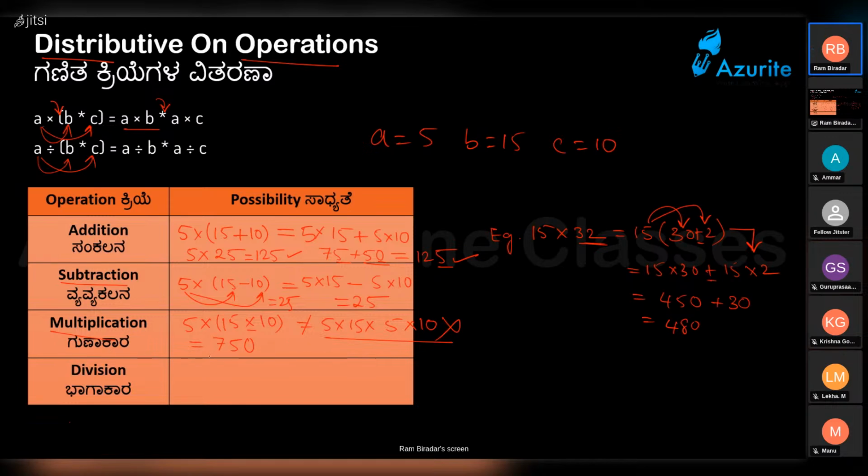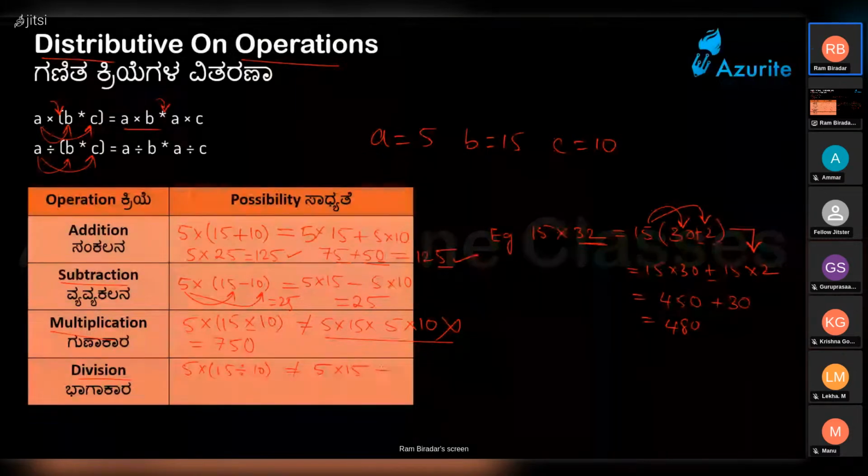Understood? Okay, and what about division? So let's take 5 into 15 divided by 10. It will not be equal to 5 into 15 divided by 5 into 10.